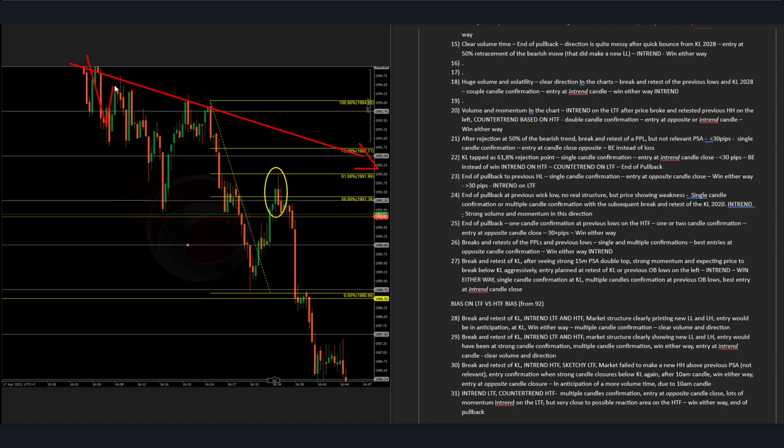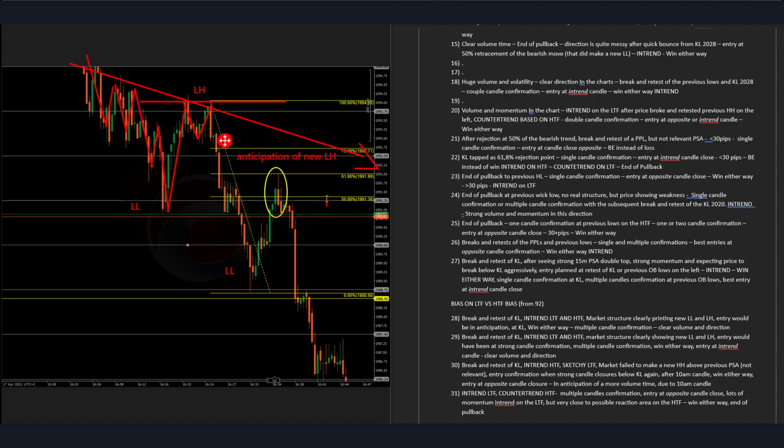We are seeing price clearly making lower highs and lower lows. This was the last lower high. We made a new double top, lower high, lower low, failed to make a new higher high, this is a new lower low, and anticipation of a new lower high. We are far away from the key level, as you can see.